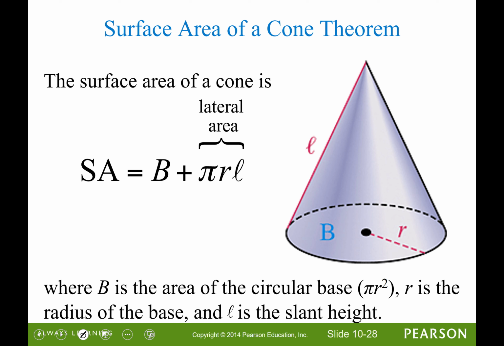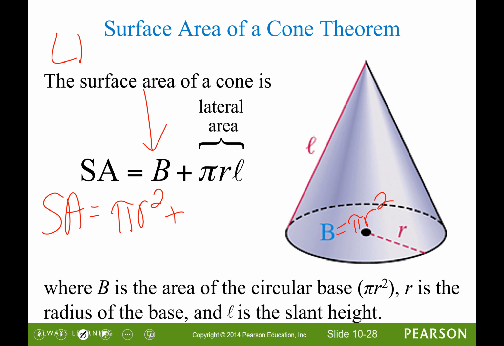The surface area of a cone is one base, capital B. That base is a circle, so the area of that base is pi r squared. So we now have surface area equals pi r squared for our base, plus that lateral area, which we were developing on the last slide.